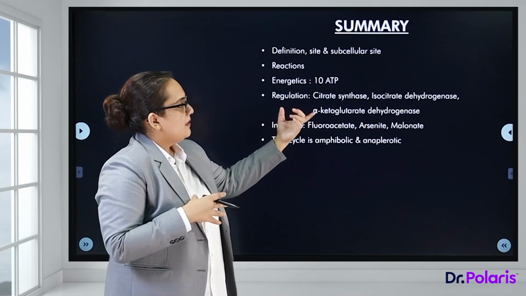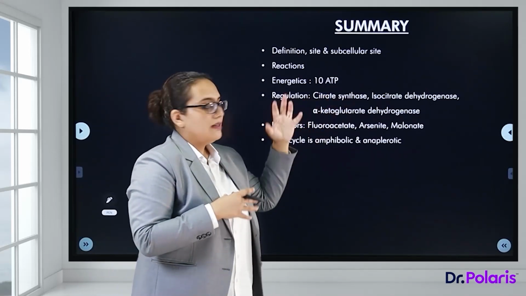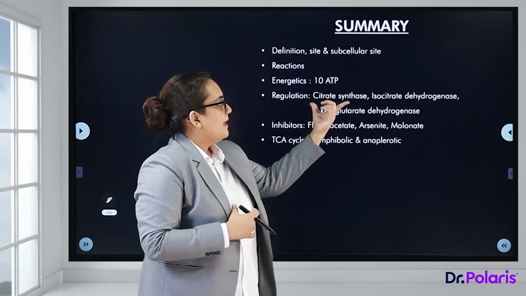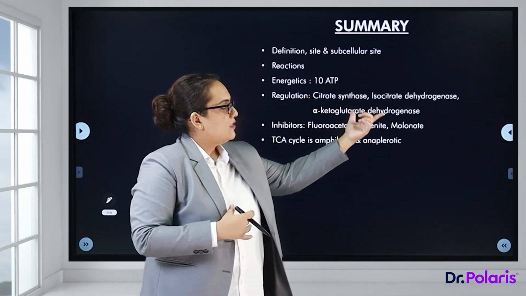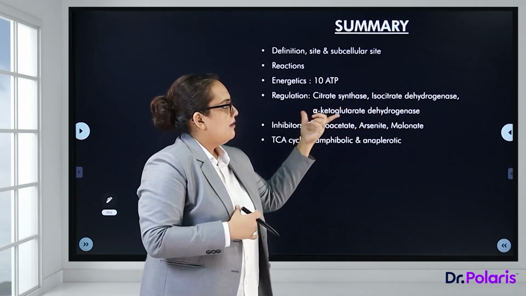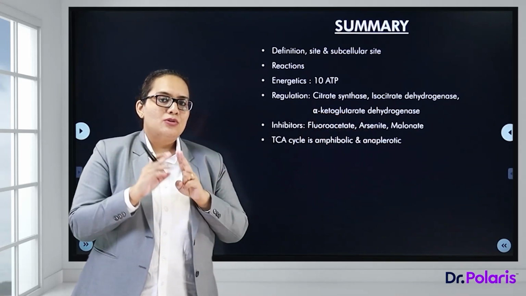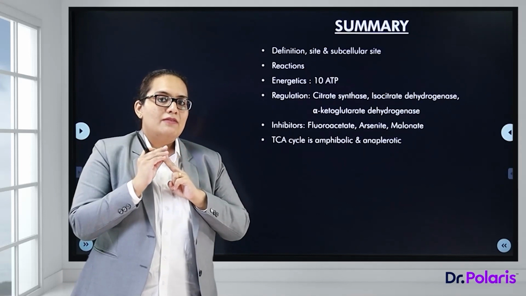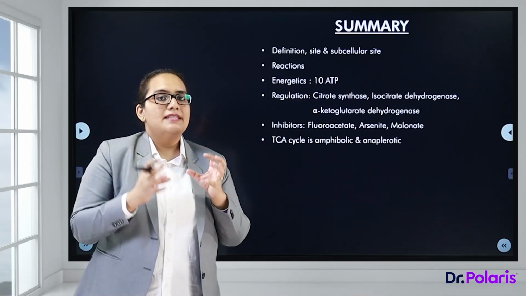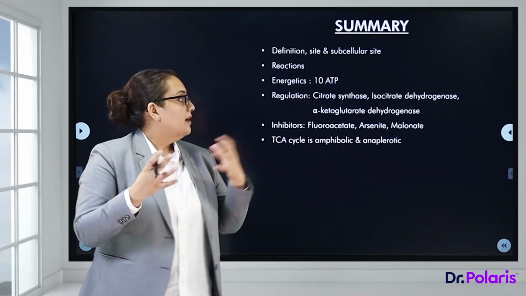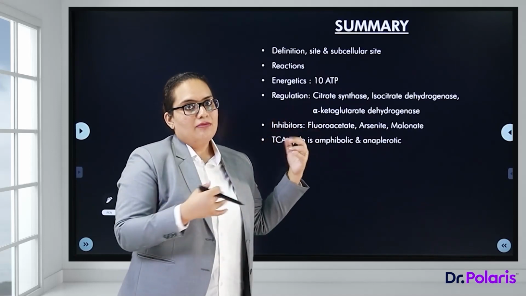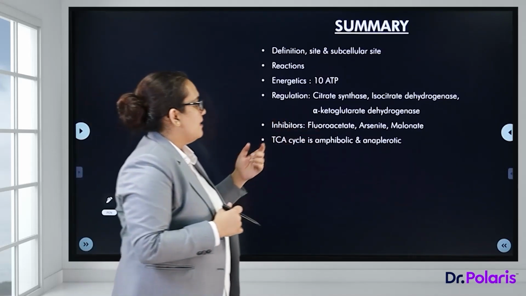Coming to regulation, there are 3 levels at which the cycle is regulated: citrate synthase, isocitrate dehydrogenase, and alpha-ketoglutarate dehydrogenase. Two other factors to note are the availability of substrates and the cellular need for energy, which is also a criterion for regulating the TCA cycle.